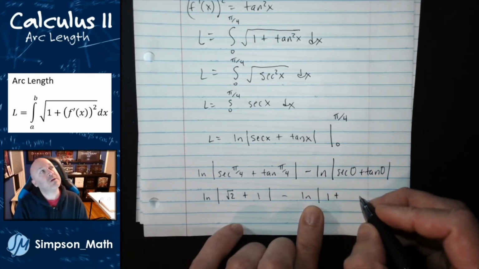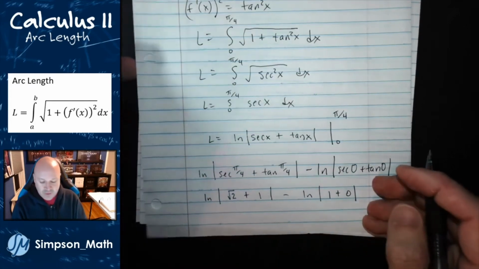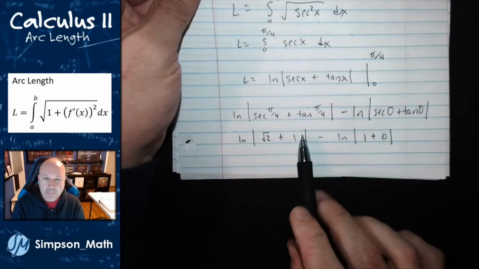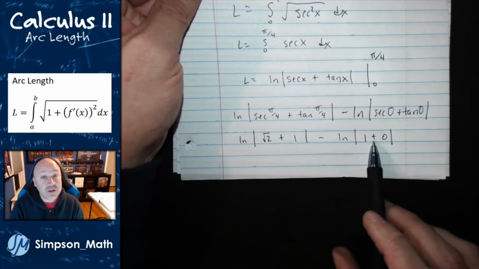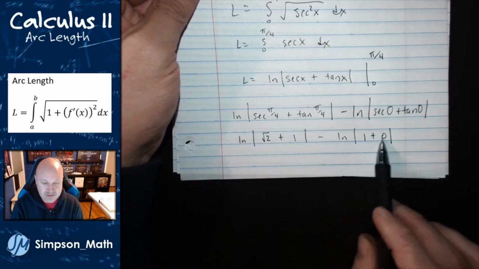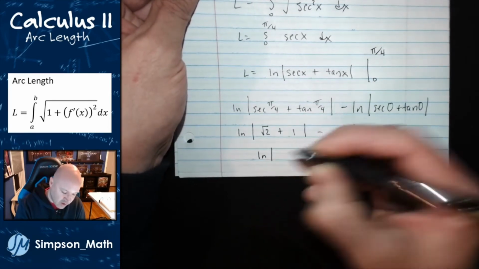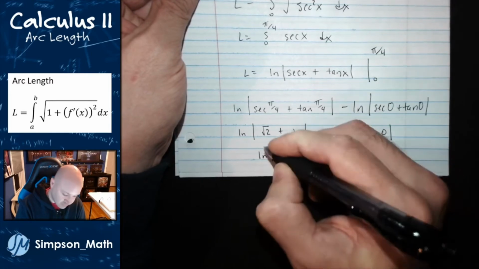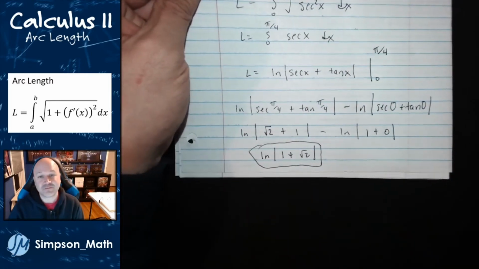Tangent of 0 is 0. I'm getting these values off the unit circle, maybe you know the graphs. Well, this is just the natural log of 1. The natural log of 1 is 0, so when you subtract 0, that's nothing. So I claim it's just the natural log of 1 plus the square root of 2. That was fun.